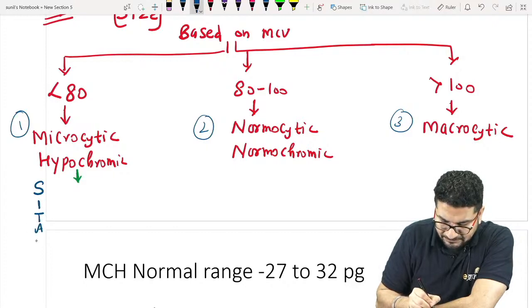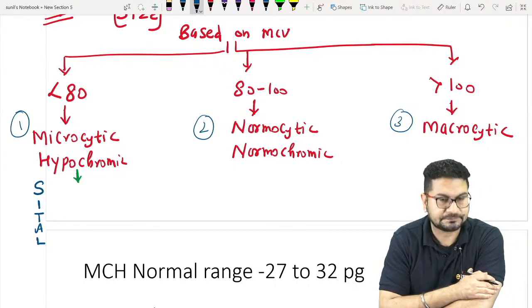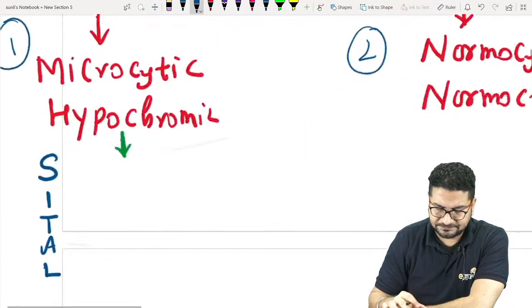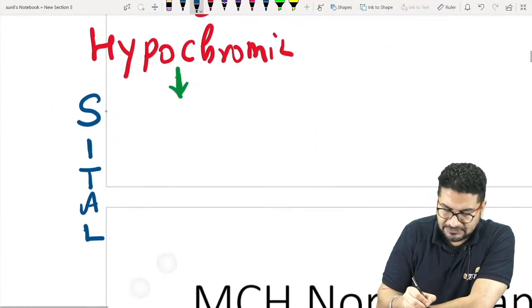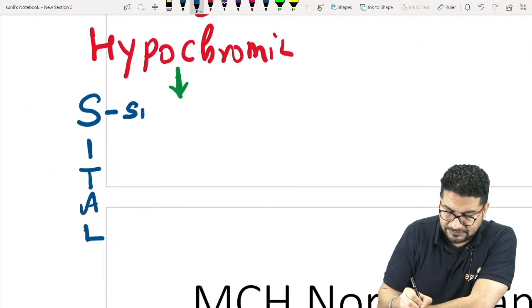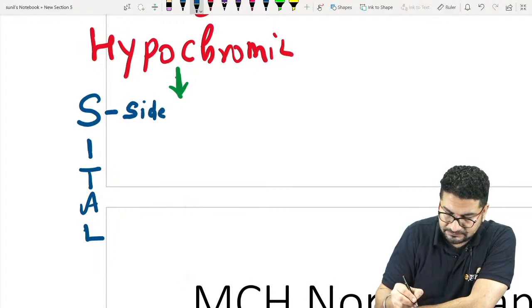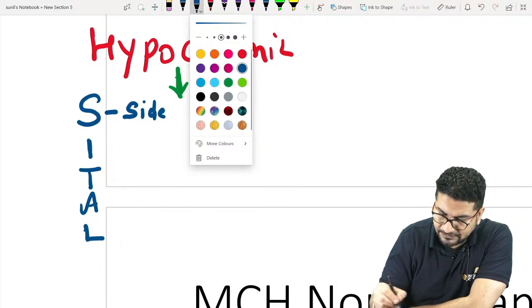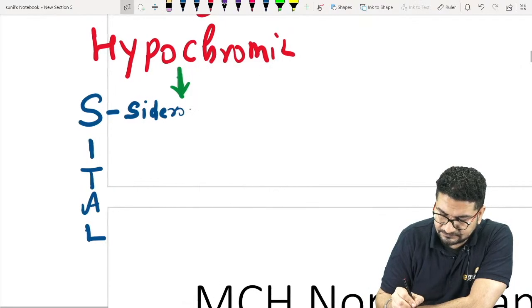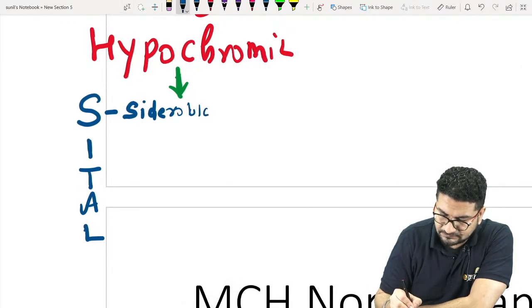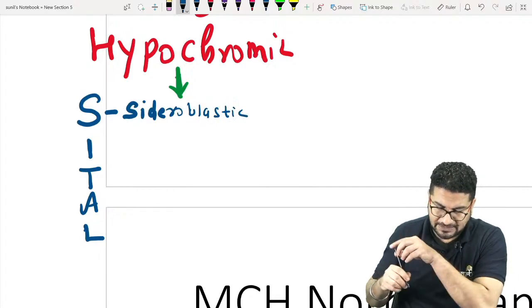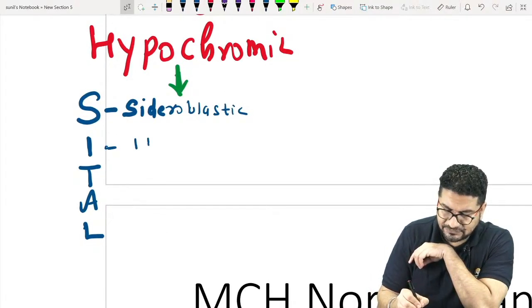This you can remember by a mnemonic: Sheetal. So what is this Sheetal? S stands for sideroblastic anemia. I stands for iron deficiency anemia.